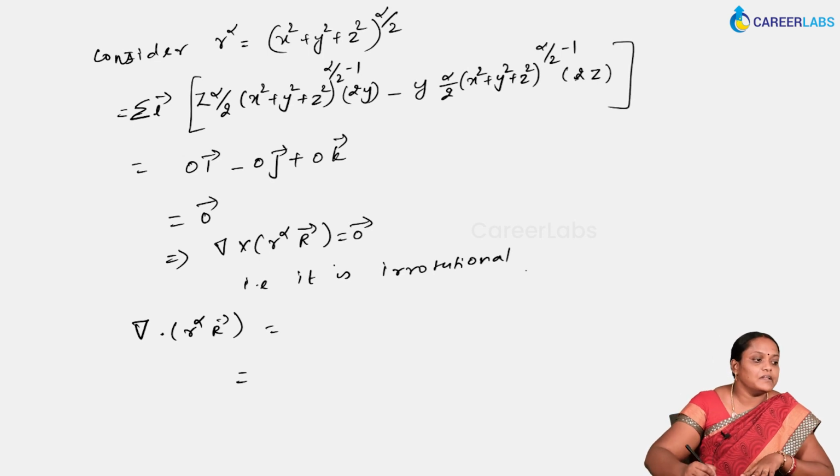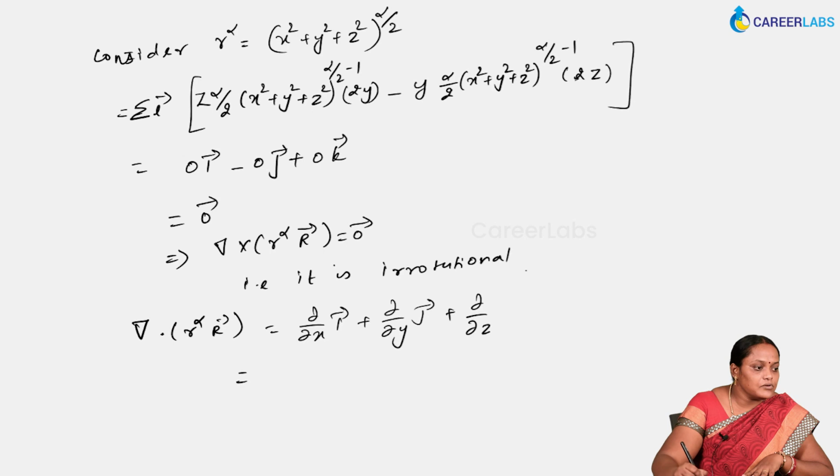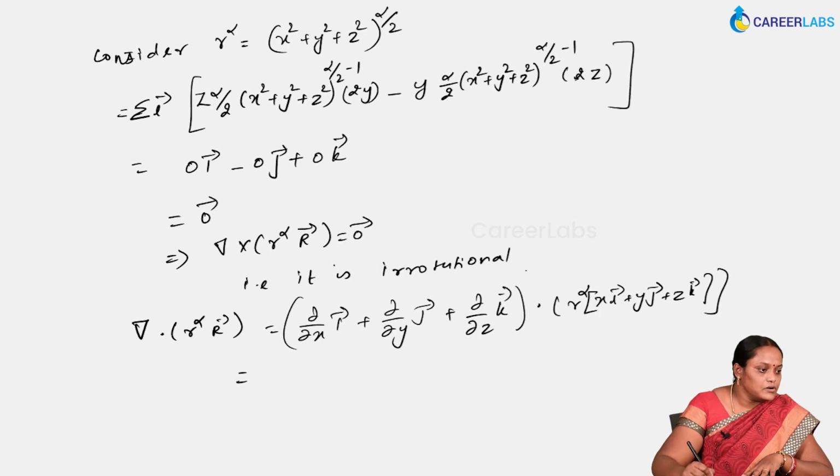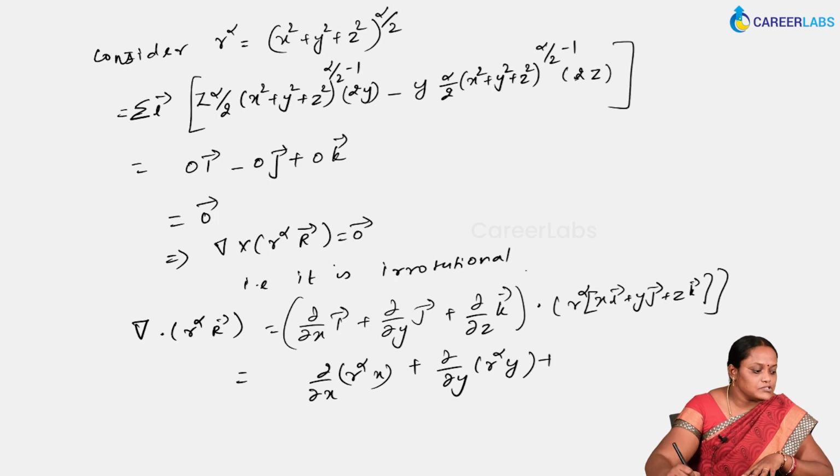Now let us find del dot of r to the power alpha into r vector. By the definition, it is dou by dou x of i vector plus dou by dou y j vector plus dou by dou z k vector, dot product with r power alpha into (x i vector plus y j vector plus z k vector). So this is equivalent to dou by dou x of r to the power alpha into x, plus dou by dou y of r to the power alpha into y, plus dou by dou z of r to the power alpha into z.